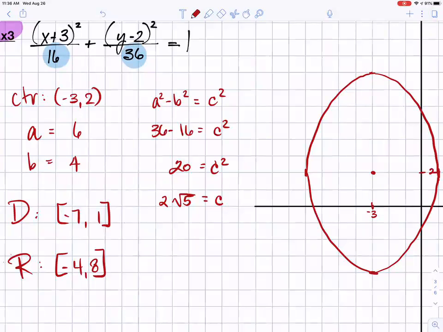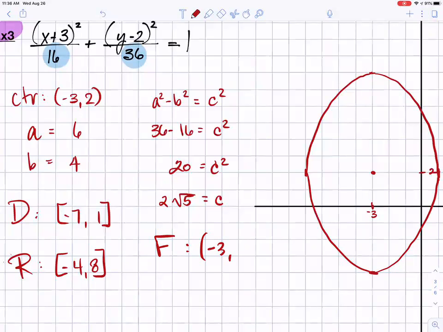So here I am at -3, 2. My focus is going to be at -3 something because I'm not moving right and left. Okay, I have to go up to get a focus point. So that -3 is unchanged. It's only my Y value that's changing.